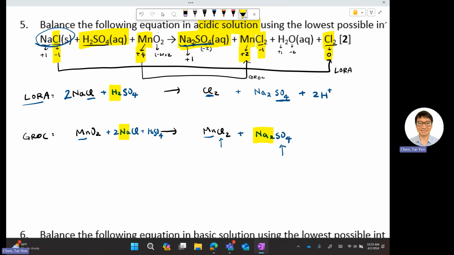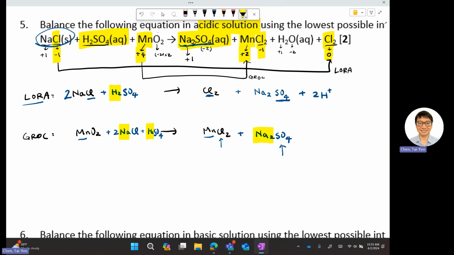Okay, so once you did that, you can see that the only thing that remains that's not balanced is your H. Once you have that situation, then you know you can start to balance your H and then the oxygen.